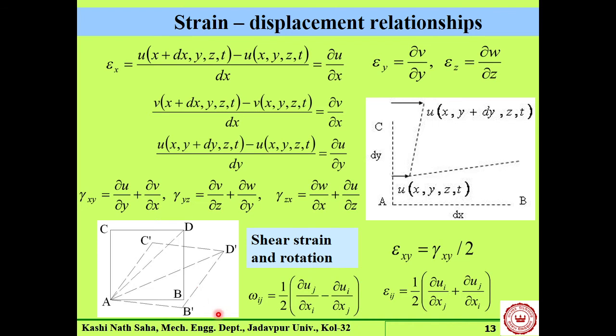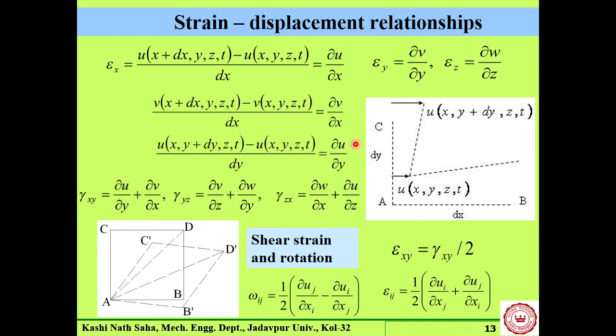Similarly, pure rotation and shear can also get mixed up, as shown. So this gives the net shear strain value, and this gives the net normal strain value. So these expressions will come.